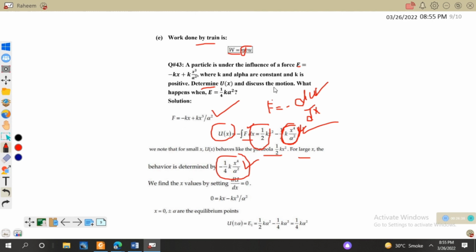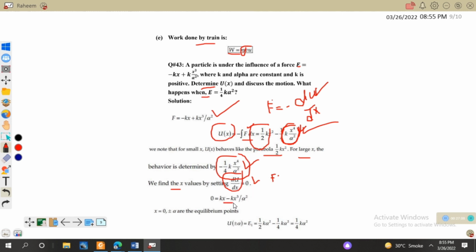Another question is, what happens when E is equal to k over 4 alpha square? We find the value of x by setting dU over dx equal to 0. This is just like putting the external force equal to 0. So dU over dx equal to 0 means that our applied force is 0, F is equal to minus dU over dx, which is equal to 0.